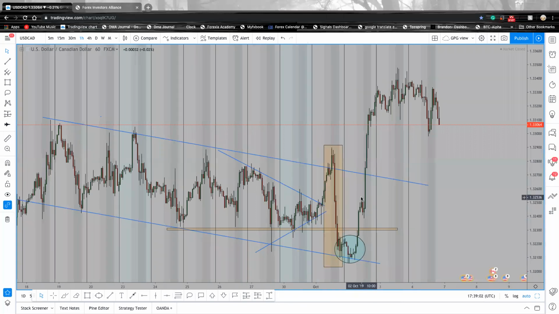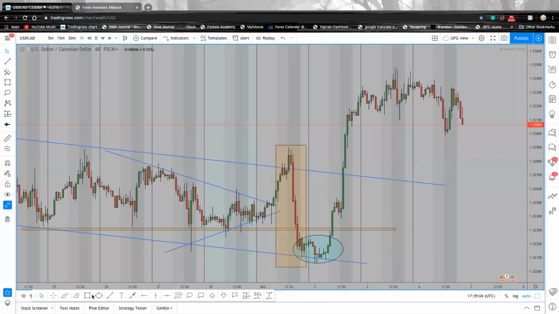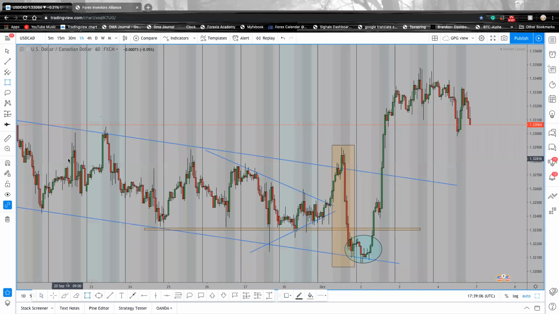But we already told you before that high of previous week or previous day, in this case previous day, and also, well, it didn't hit the previous week, but the high of Friday and Monday was broken. So retail traders were seeing this as a trend break and retest, adding to their buys and getting stop hunted.